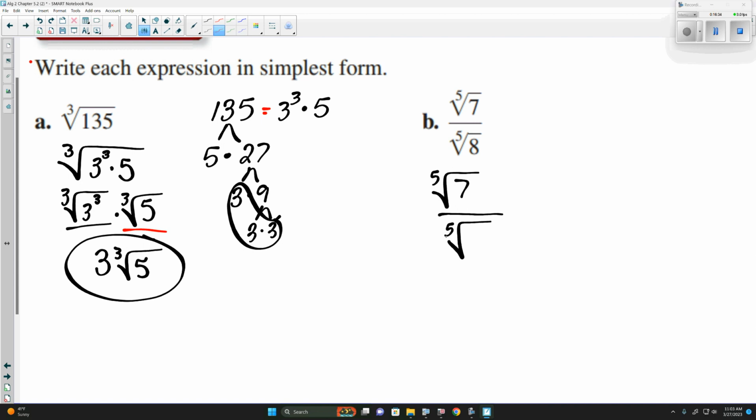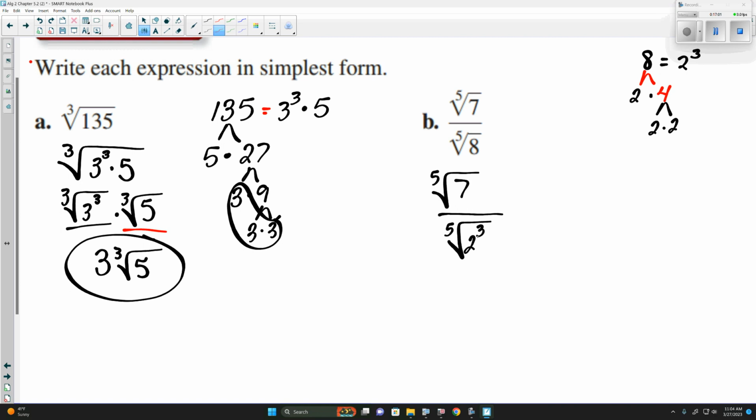Can we rewrite 8? 8's factor tree would be 2 and 4, which is 2 and 2 and 2. So 8 is 2 to the third. Can I take the fifth root of 2 to the third? No, we couldn't take the fifth root of 8, and 2 to the third is just 8.